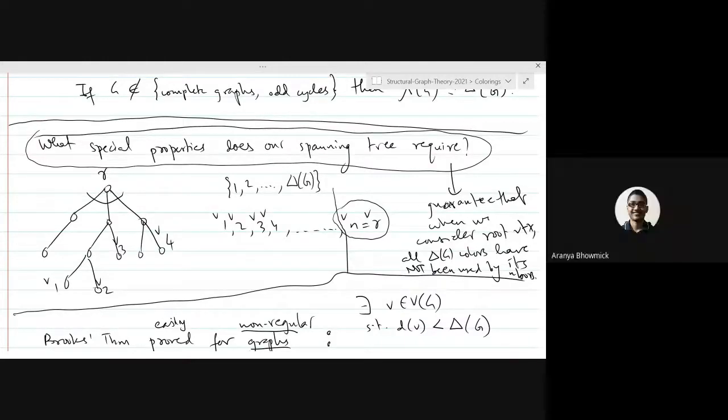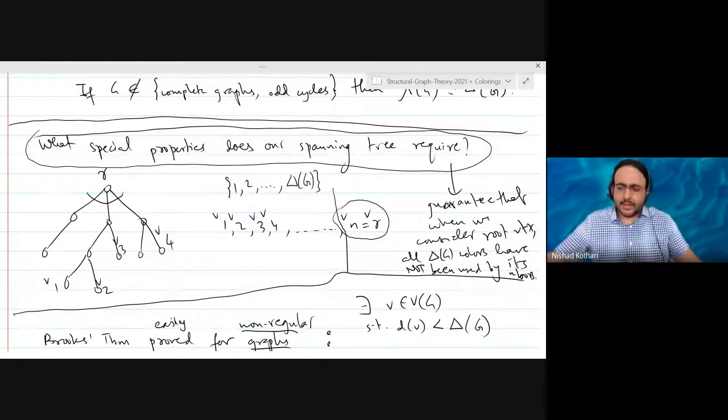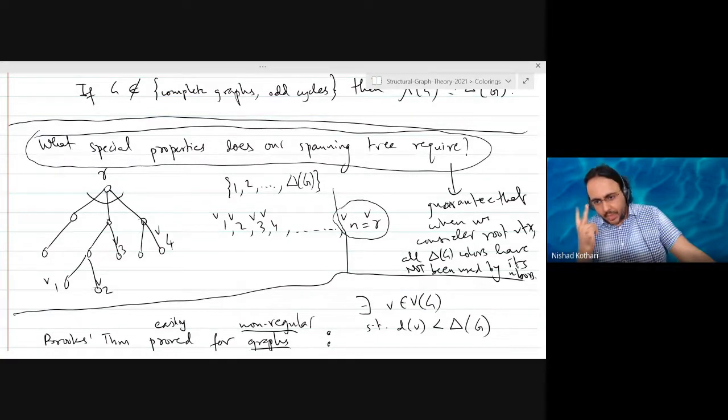So basically, even if the root vertex has delta neighbors, at least two of its neighbors should get the same color. Exactly. We want to make sure that at least two vertices among the neighbors of the root have the same color. Well, how can they have the same color?